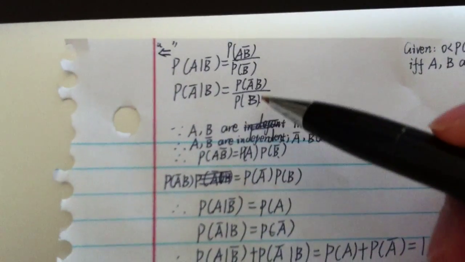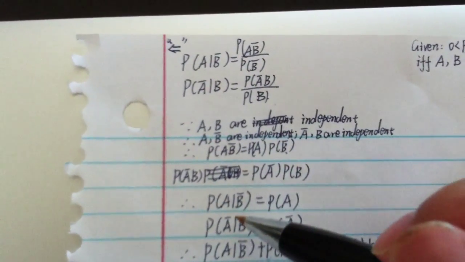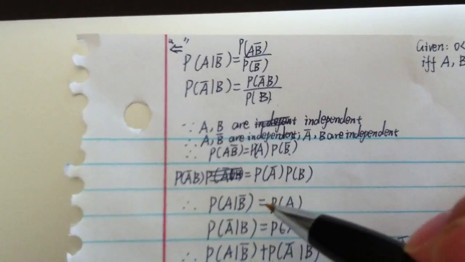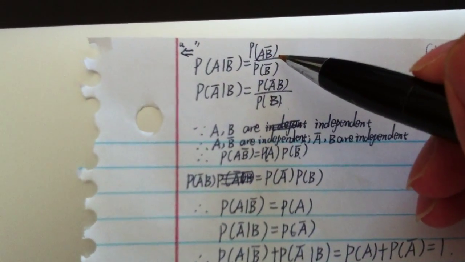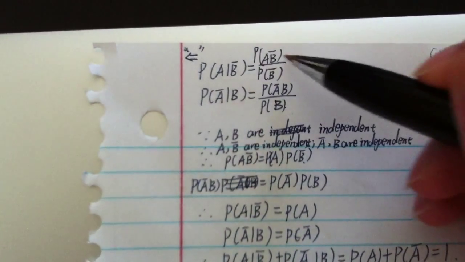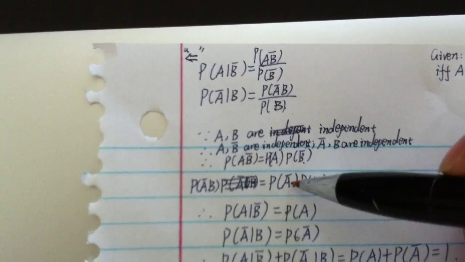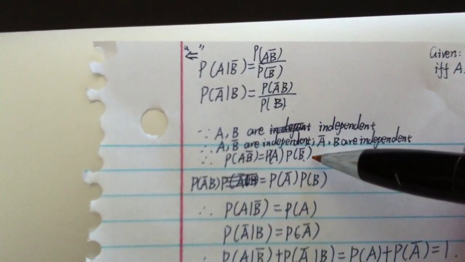And through the above function, we can get the probability of A assuming B naught equals the probability of A B naught over the probability of B naught, and the probability of A B naught equals the probability of A times the probability of B naught.